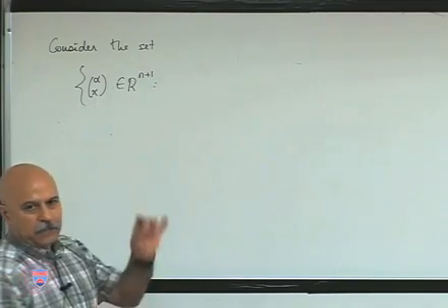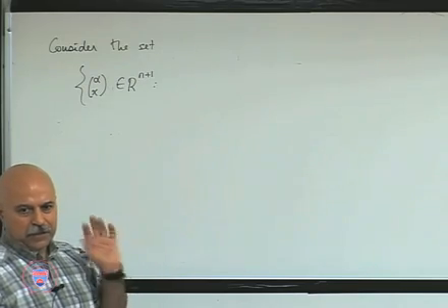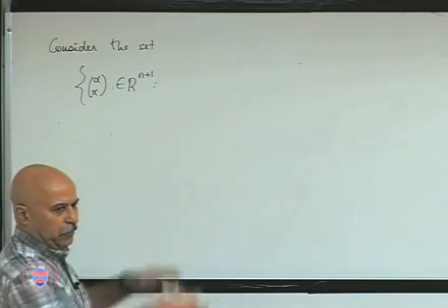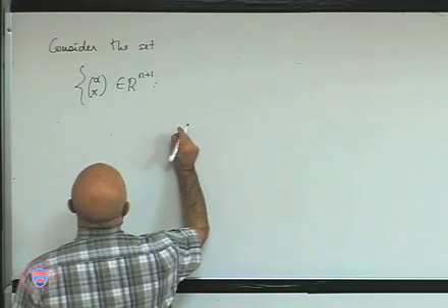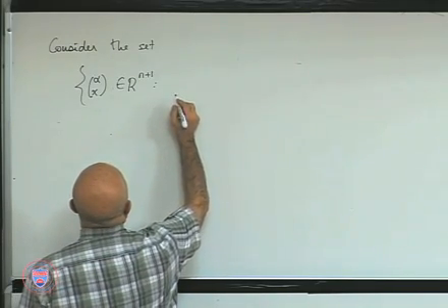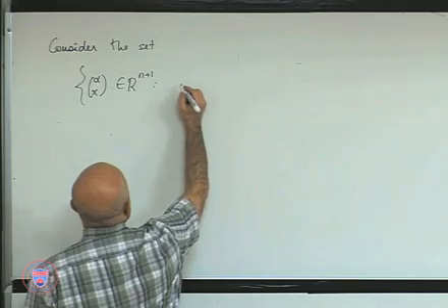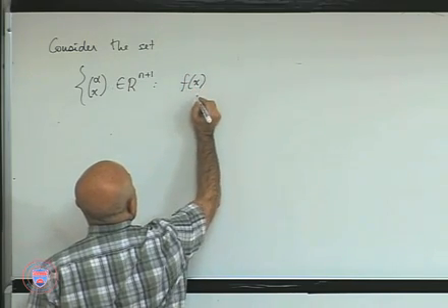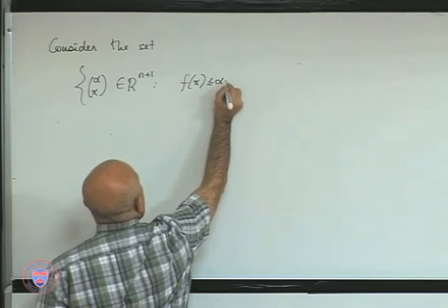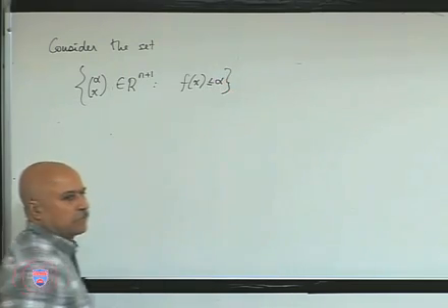X is an n-dimensional vector, alpha is a number. I'm just referring back to the old notation. Such points where f of x is less than or equal to alpha.